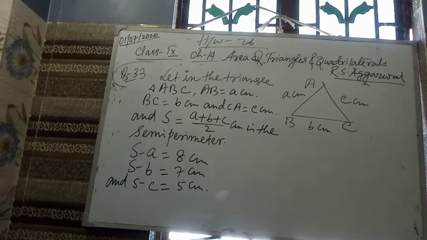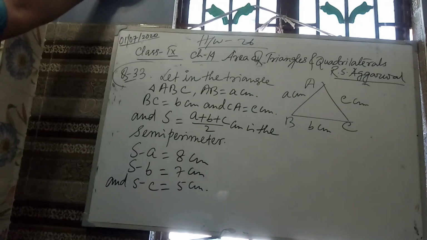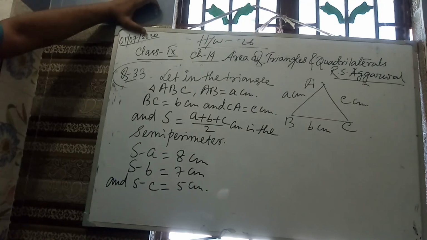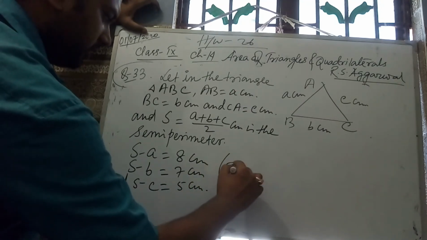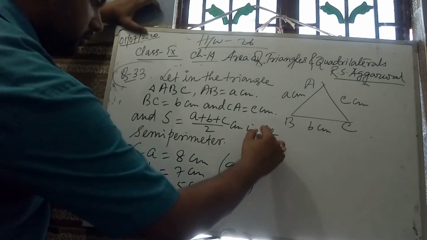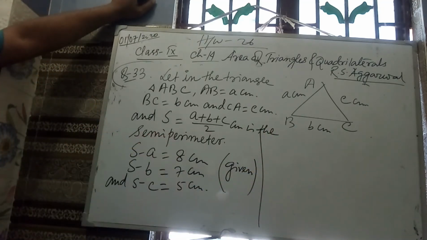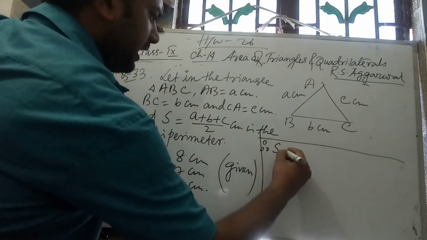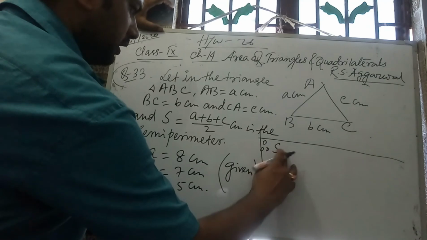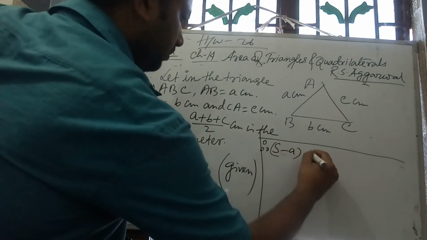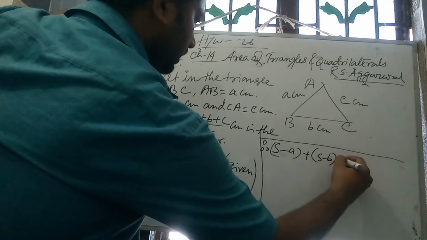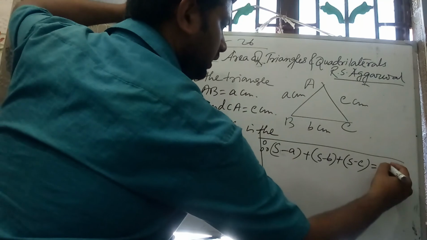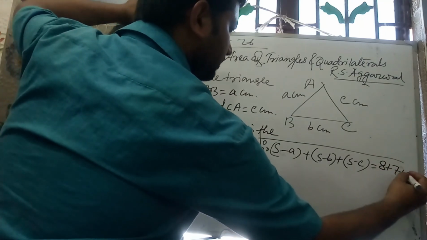That is given. So if we add all these three, we can write it like this. Therefore, s minus a plus s minus b plus s minus c equal to 8 plus 7 plus 5.